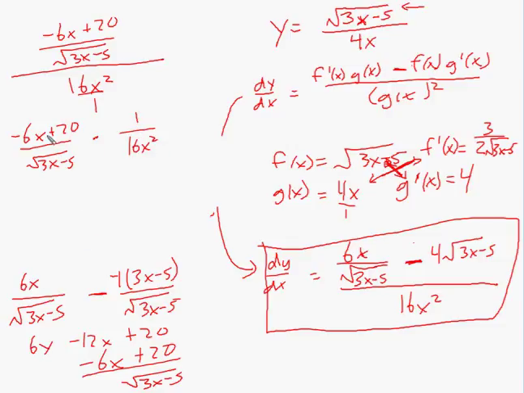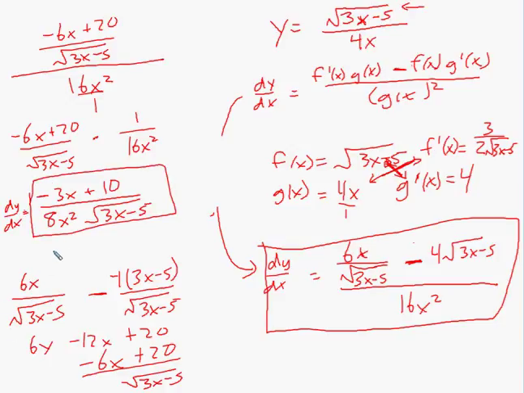Now the x's don't cancel, but I could cancel 2. So I get negative 3x plus 10 all over 8x squared root 3x minus 5. And then we could rationalize, but I'm okay at this point if we just leave that. Okay, so that's good.